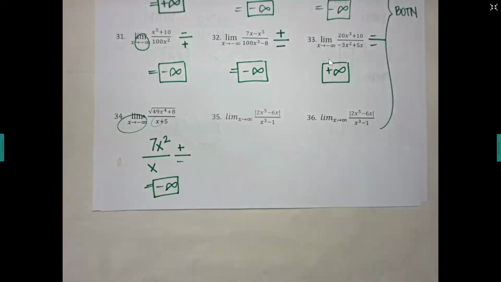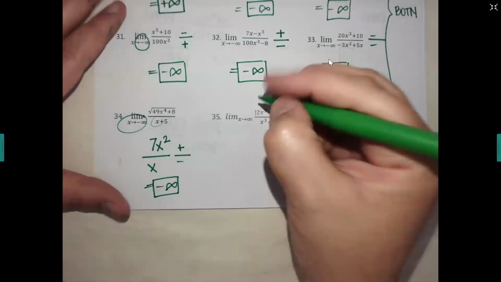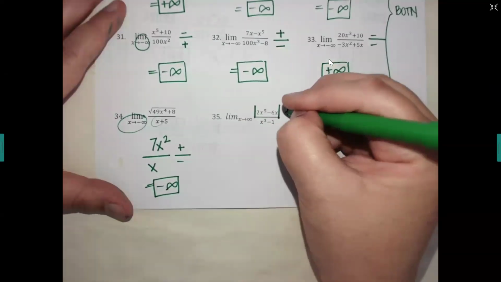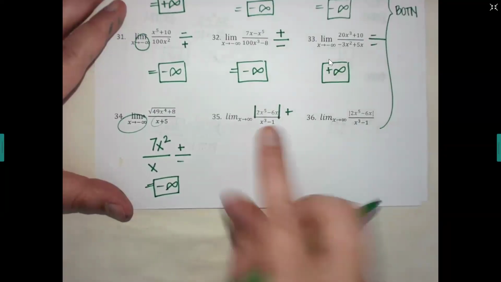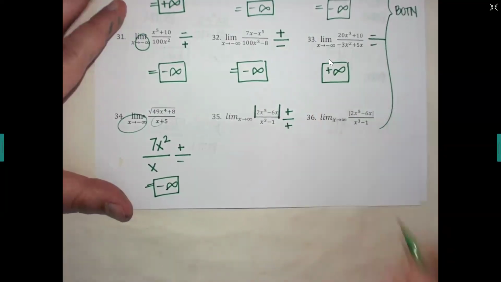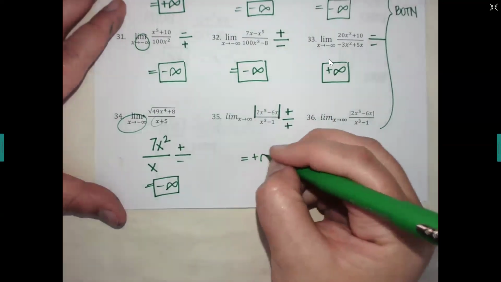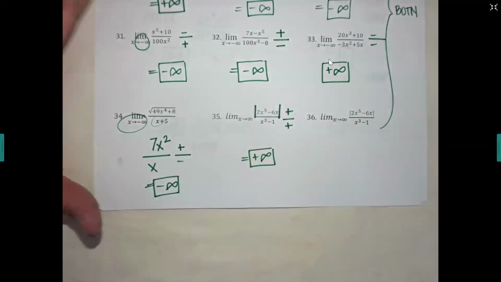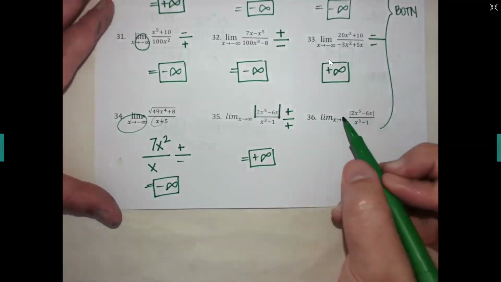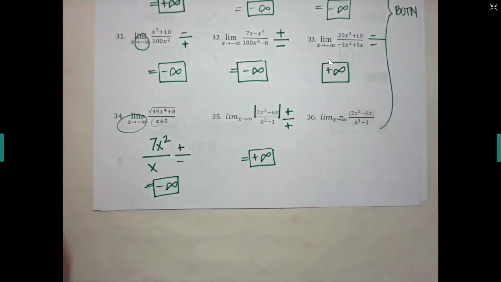Okay, next two have absolute values. So the top automatically is going to come out how? Positive. Absolute values turn everything positive. But if I do an infinity cubed, that's also positive. And two positives divide to a positive. Now for 36, I want you to write in a negative because I forgot to put it.